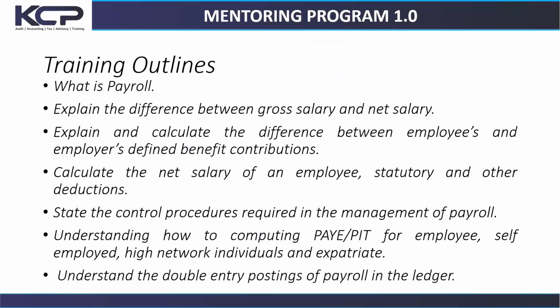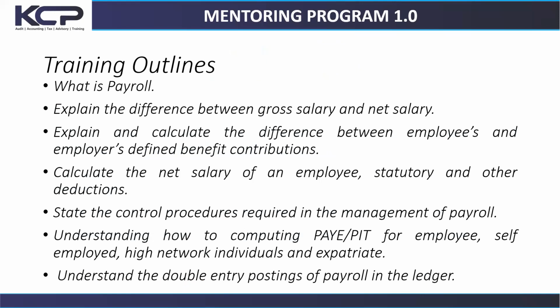So our outline today will be as follows. We look at what payroll is. We explain the differences between gross salary and net salary. What is the difference between them?